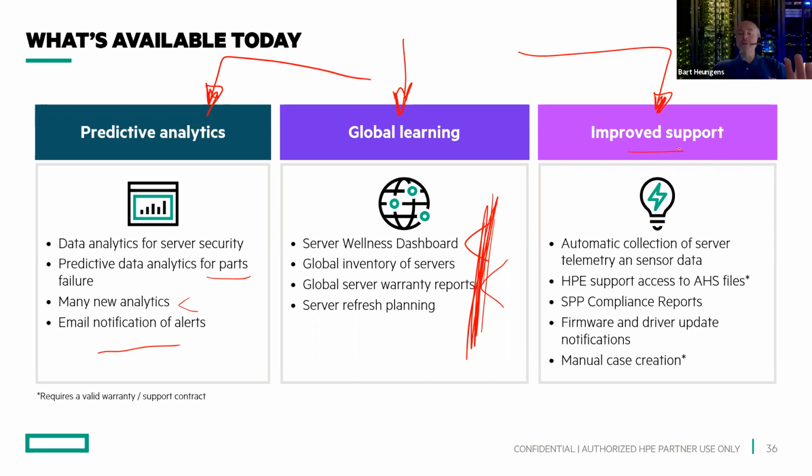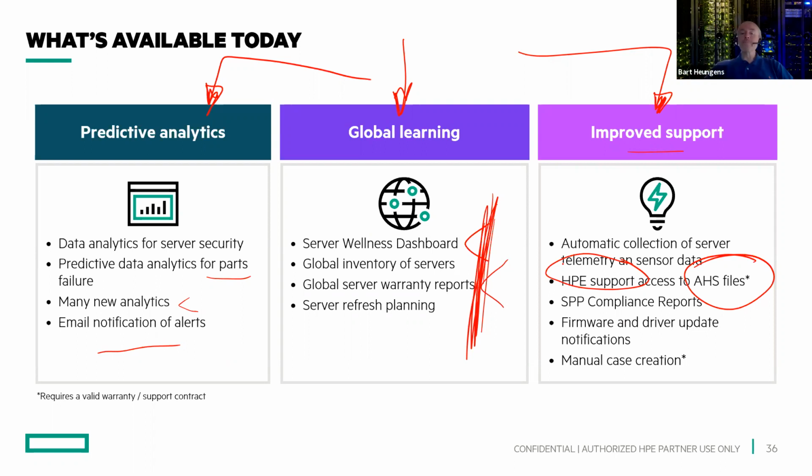You don't need it, because the data, that AHS file, is in Infosight, and at that moment the HPE support team has access to those AHS files. So they don't need to ask those 50 questions anymore. The only thing that you need, of course, is have that AHS file being sent automatically by that amplifier pack to Infosight. It's a 15-minute job, and that's it. And you get a much better user experience.